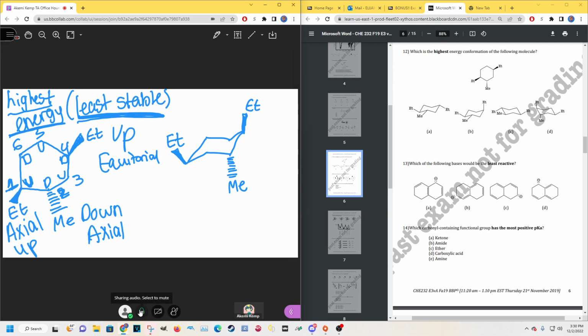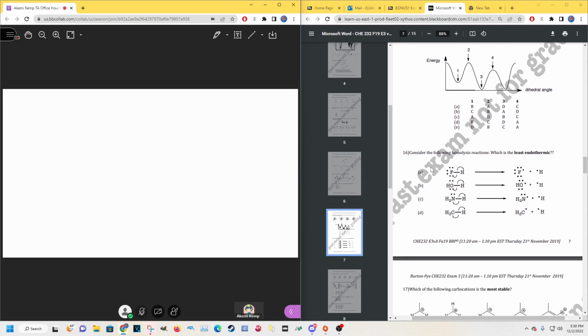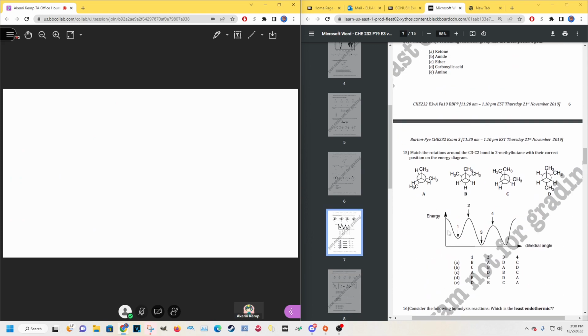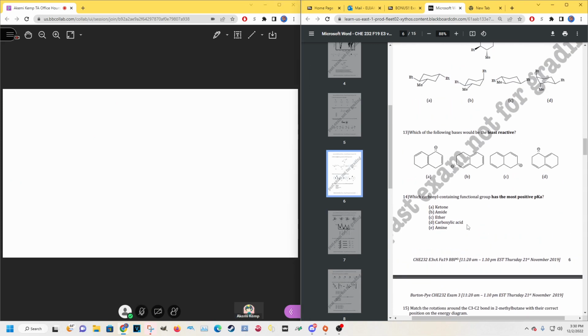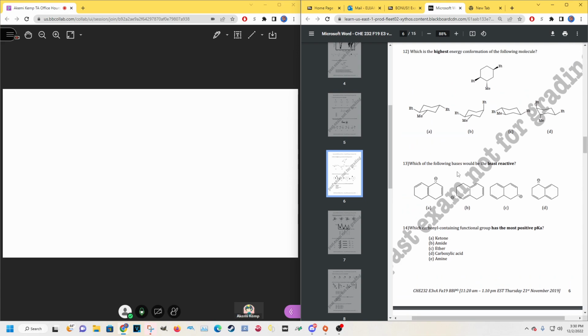Oh yeah, cool. So 13, which of the following bases would be least reactive? So what that's saying is basicity deals with the electron lone pair that we see there. So now we look at each of these molecules and we do see that we have double bonds in play. So what's one thing you're going to have to focus on to determine the reactivity of the lone pair?